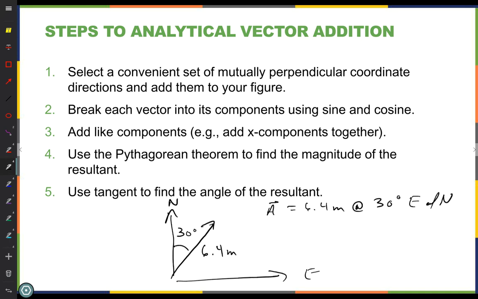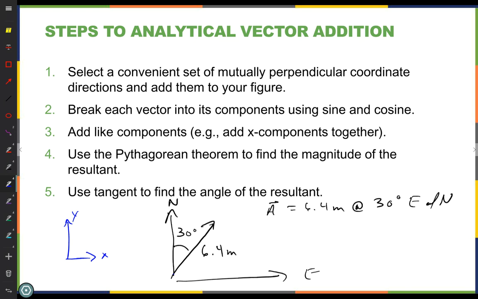I want to break it up into the components. Components, their name means, they're the pieces that make it up. One's going to be parallel to my x-axis. So I've defined an x and a y-axis, x parallel to east, y parallel to north.